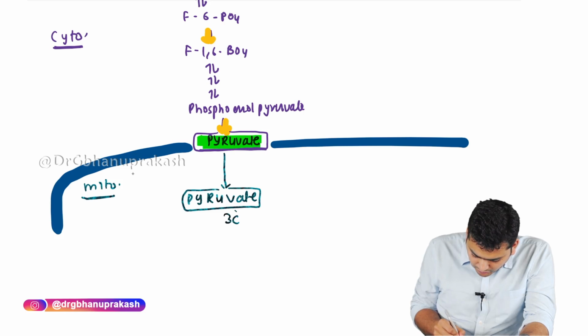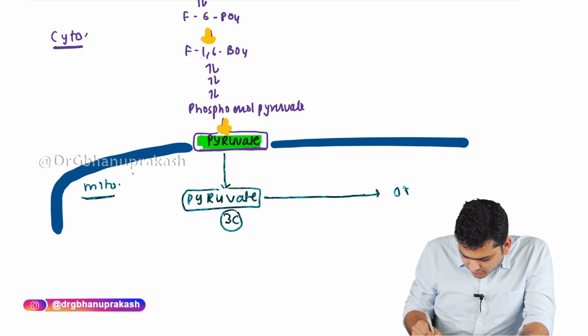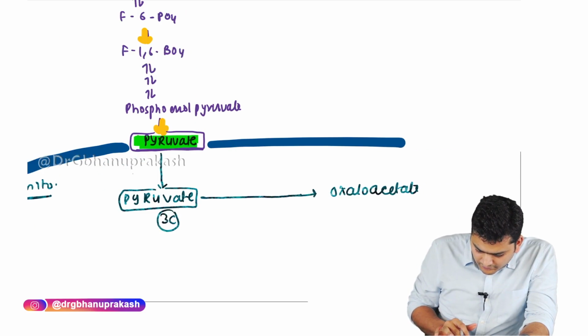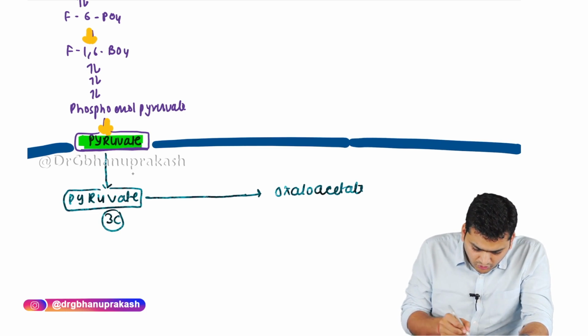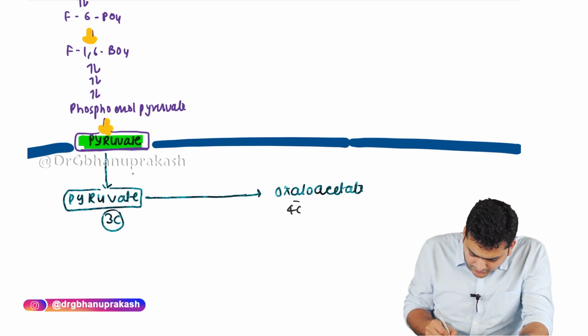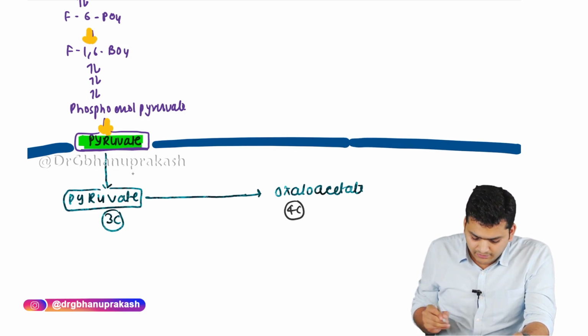Pyruvate is a 3-carbon molecule, as we know. It will convert into a 4-carbon molecule, that is oxaloacetate. 3 carbon converting into 4 carbon means we need to do a carboxylation reaction.